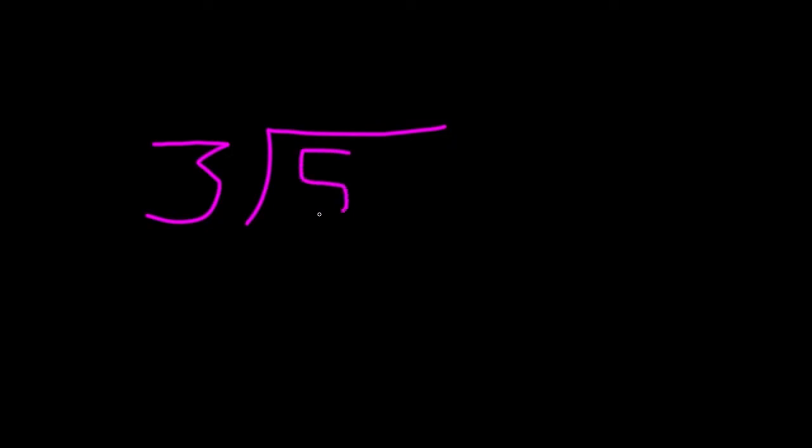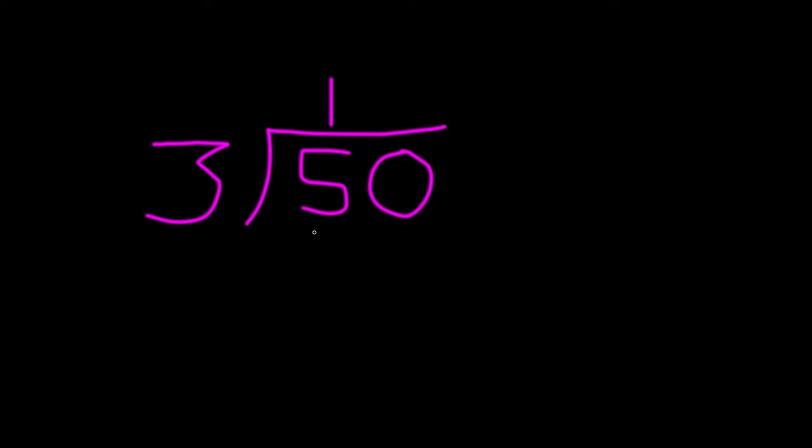So if we take 3, right, and I'm just doing this with my mouse, so forgive the ugliness, and we divide by 50, well, we know that 3 goes into 5 one time.